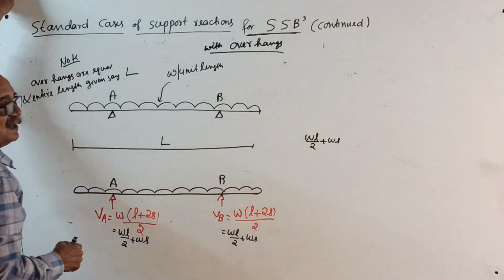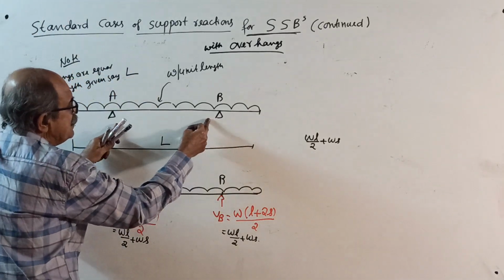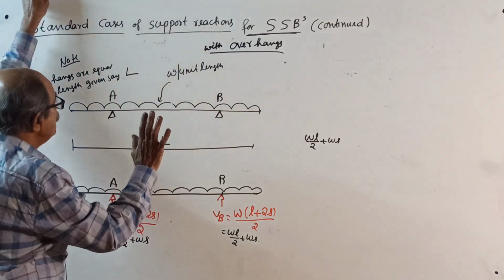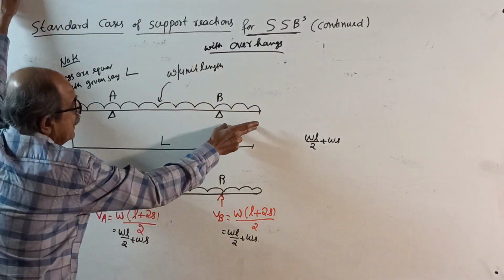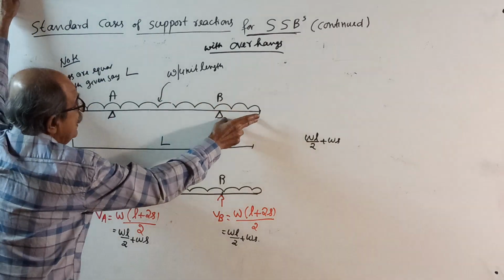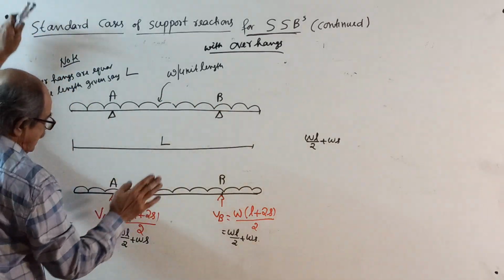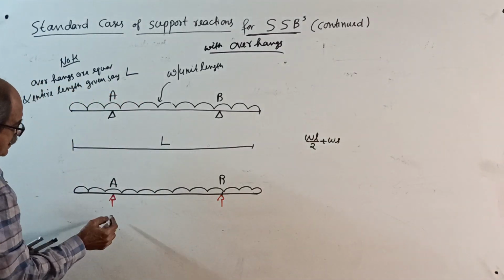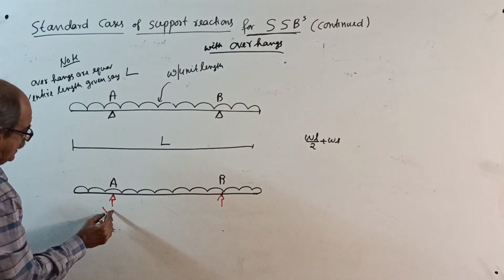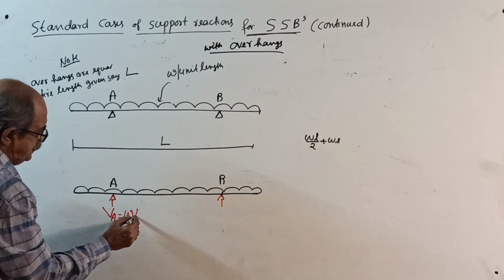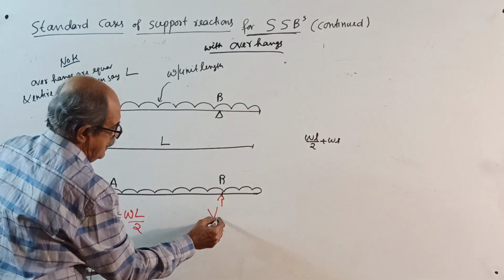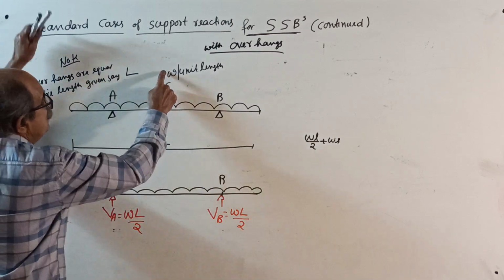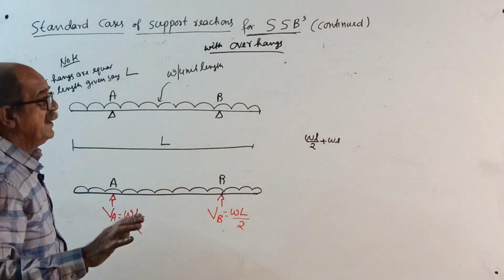How much is the distance between support and overhang? No idea, not required. But one thing is important: overhangs are equal. Be careful, overhangs are equal and full length is L. Then the reaction VA will be simply w into L by 2, and VB also will be equal to w into L by 2. Why? w into L is the total load, divided by 2.